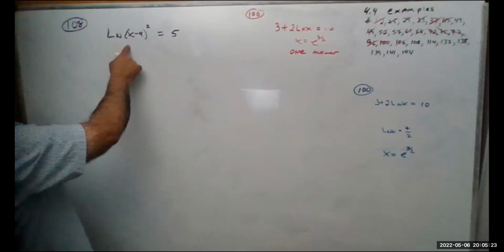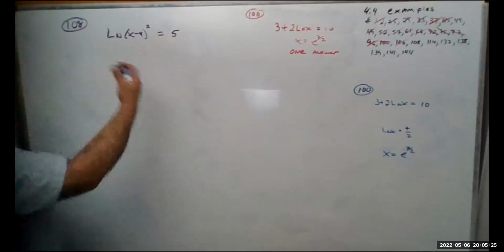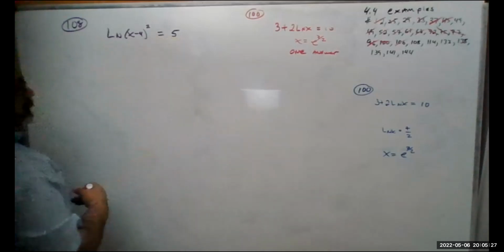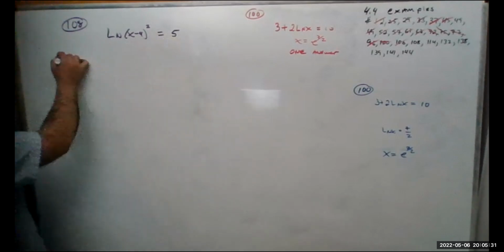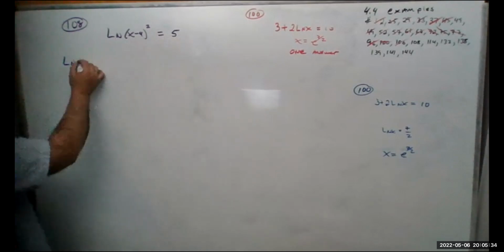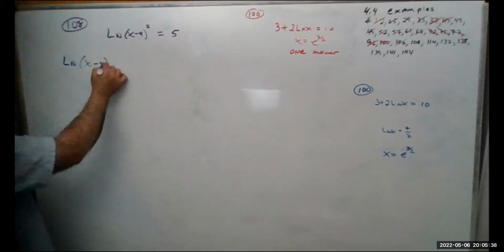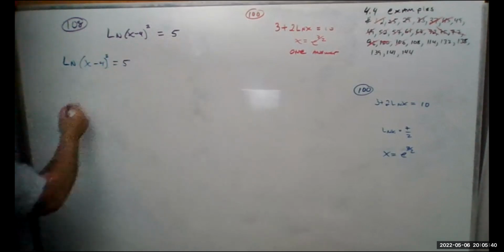You have a natural log equal to a number, so it's time to raise both sides as a power for e. But I'm going to show you 2 different things because it's connected to the last question we did. So I'm going to rewrite this: natural log of x minus 4 squared equals 5.